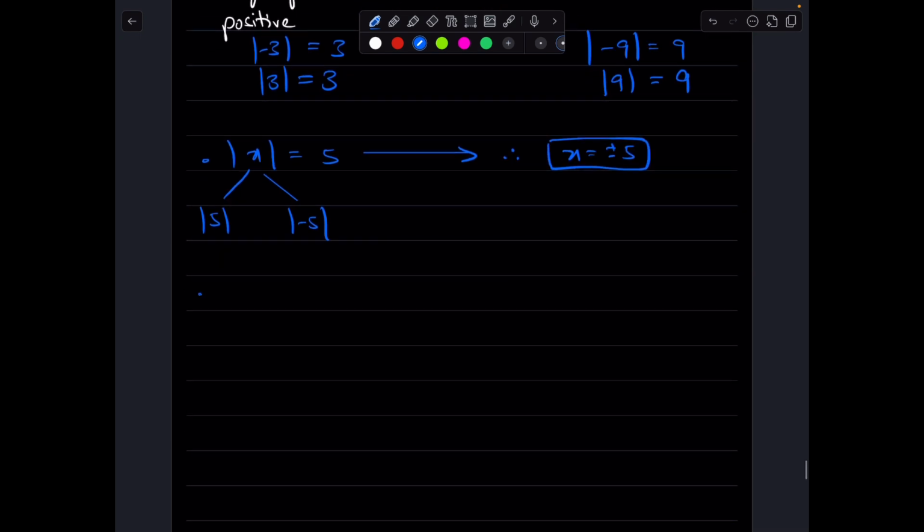Similarly, what if I have x equals 2? This can be written as x equals plus minus 2, since there exist two possibilities for it.